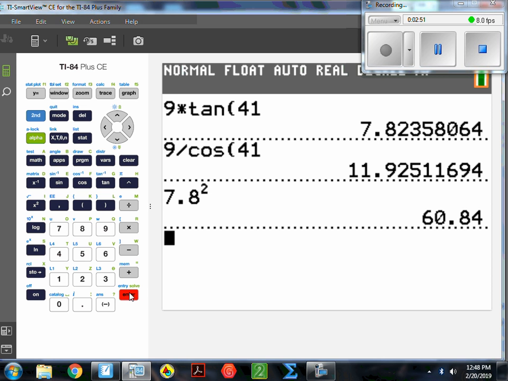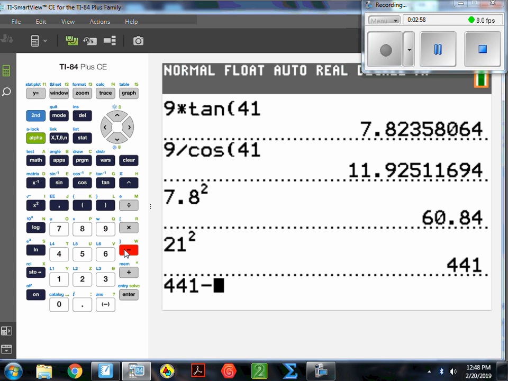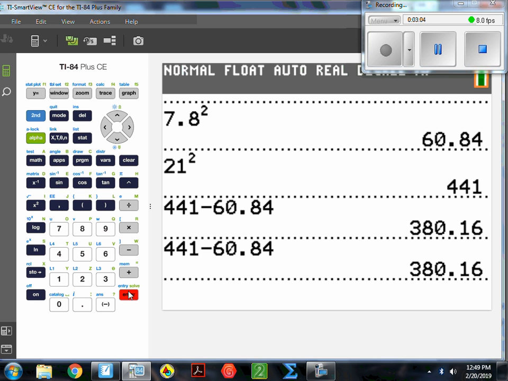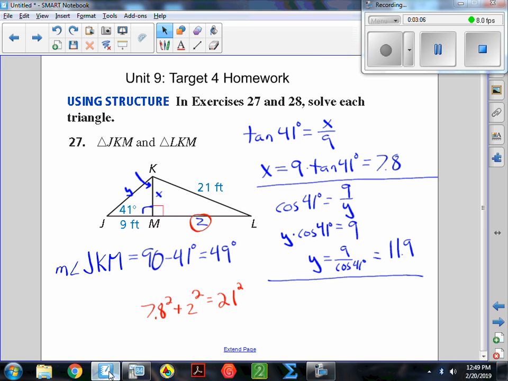We're going to subtract that from 21 squared. 21 squared is 441. So 441 minus 60.84 is 380.16.